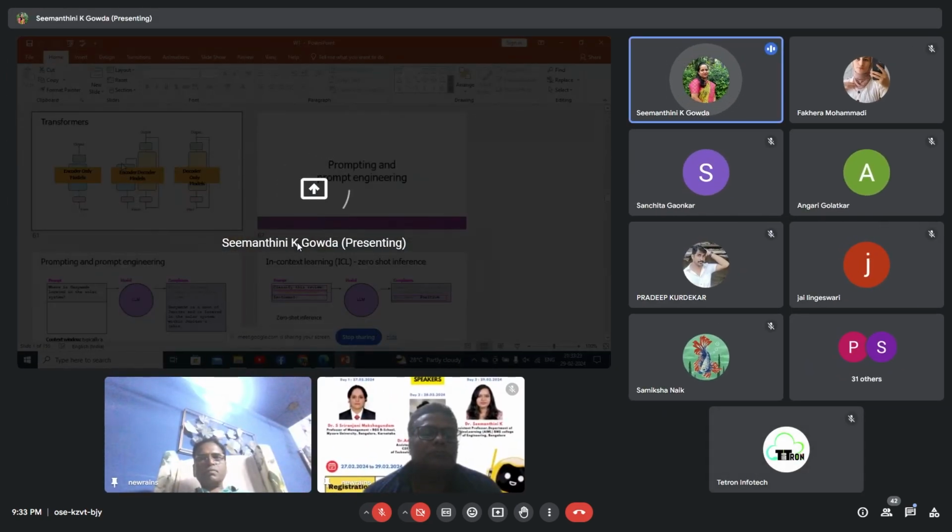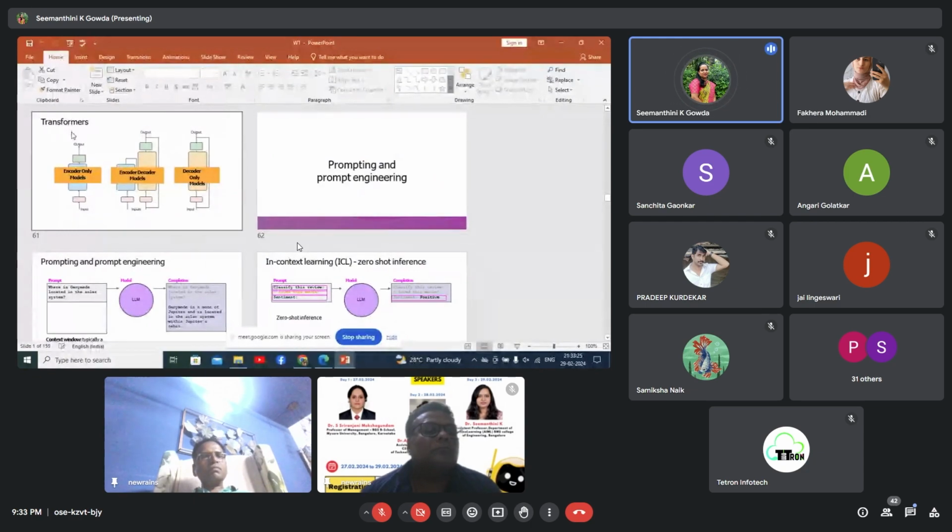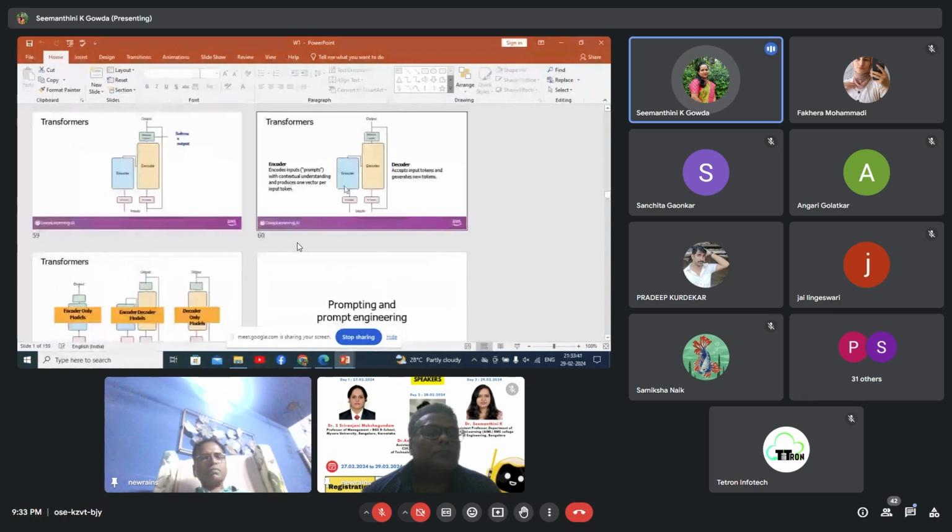Here, we were talking about encoder models, encoder-decoder models, and decoder-only models. In one we perform only encoding operations, in another only decoding, and in the third both encoding and decoding operations are performed. What does the encoder perform? It accepts the prompts with contextual understanding and provides one vector per input token. That is what the encoder does. In the decoder, whatever input it accepts, it generates new tokens. That is what ChatGPT does. Based on the input it has accepted, it generates new tokens.